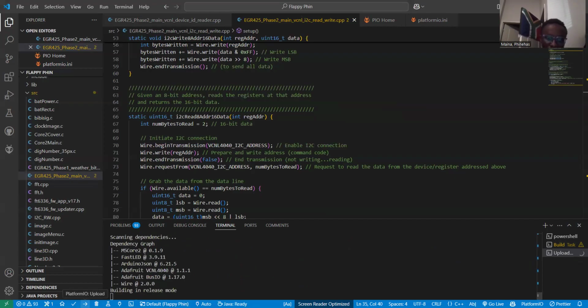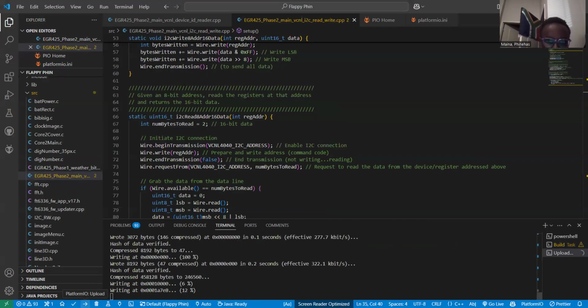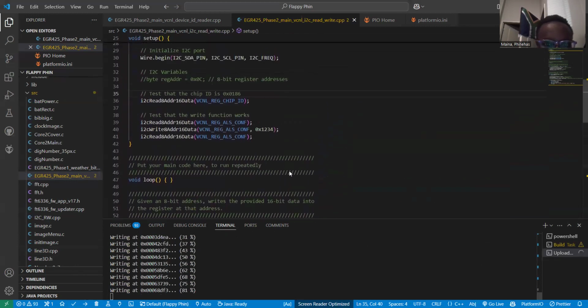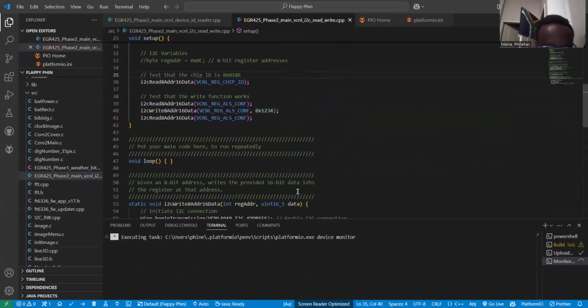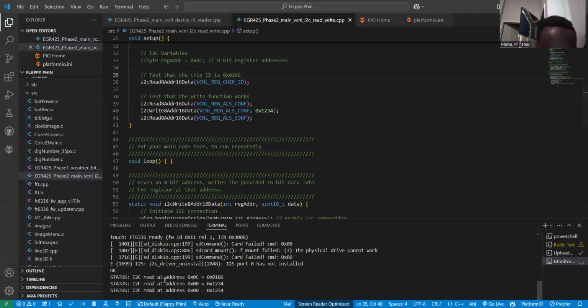We were able to write a couple of registers. Which registers were they? We were able to write 1, 2, 3, 4 on this register.